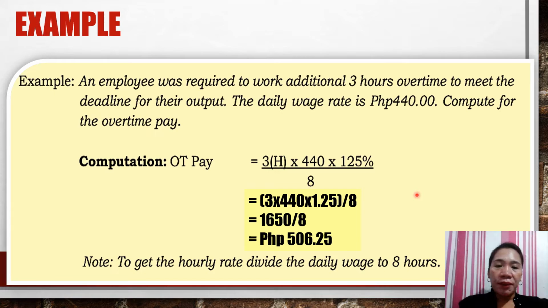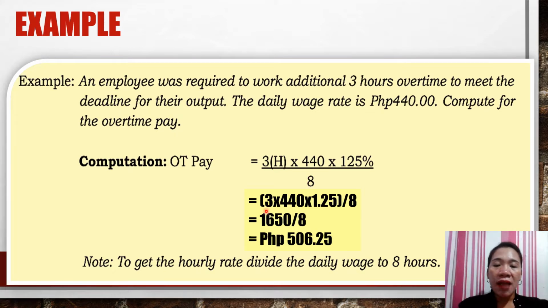For example, an employee was required to work an additional 3 hours overtime to meet the deadline for their output, and the daily wage rate is 440 pesos. To compute for overtime pay, we use the formula: overtime pay equals the number of overtime hours rendered, which is 3 hours. So 3 times 440 times 125%, all over 8.